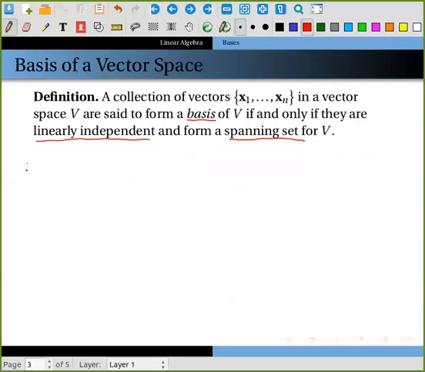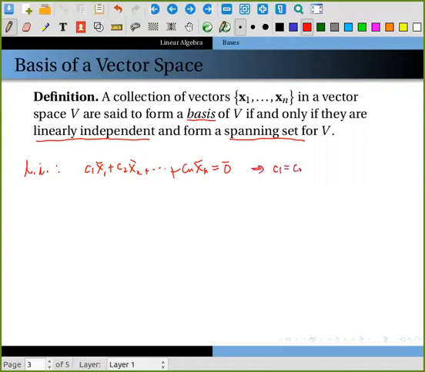So linear independence, which I'll just write lazily as LI, means that a linear combination of these vectors, x1 through xn, so if we write c1 x1 plus c2 x2, etc., all the way up to cn xn, and we set this equal to the zero vector, then linear independence says that the only solution for the unknown constants c that makes this statement true is if all of the c's are equal to 0.